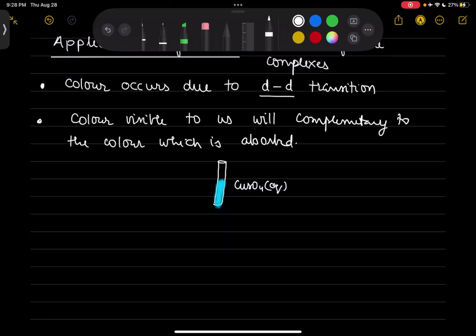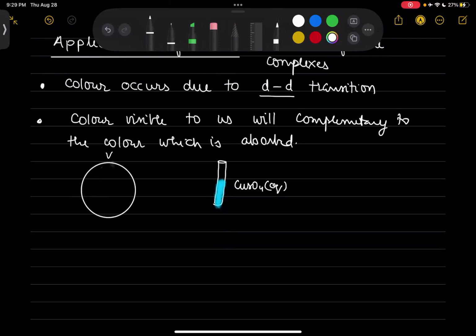So I will draw the color wheel. It is appearing blue because the orange color is the absorbed color.